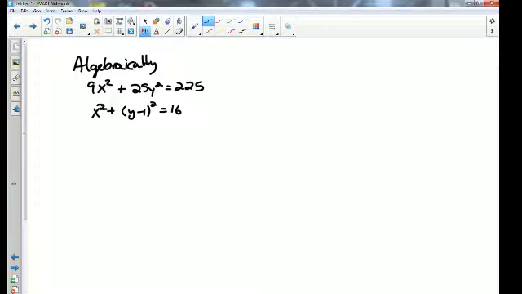So you want to choose this one to substitute in. All right, so I have to manipulate this to get x squared, so I can put it in here. So x squared equals 16 minus y minus 1 squared, right? Good with that?